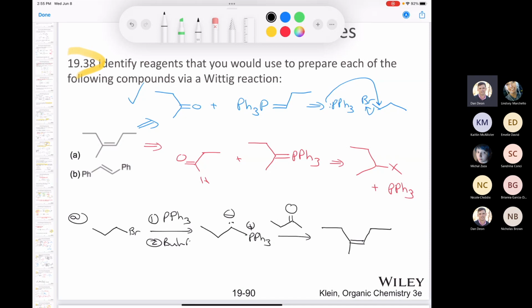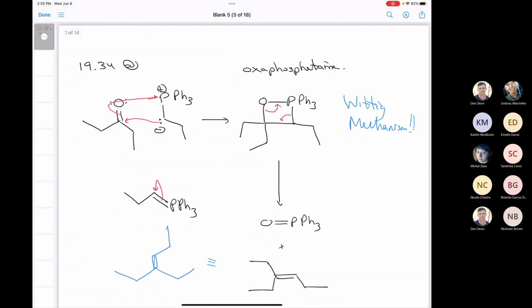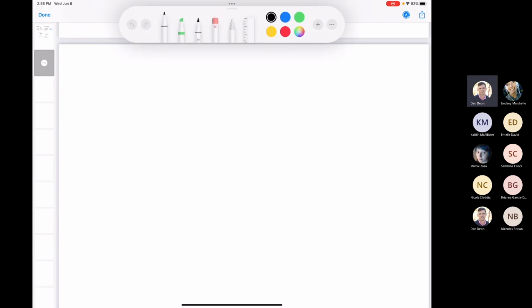I'm going to have to switch over to a blank document to solve B. So let's do that. The thing with this one is that there's a plane of symmetry down this molecule.